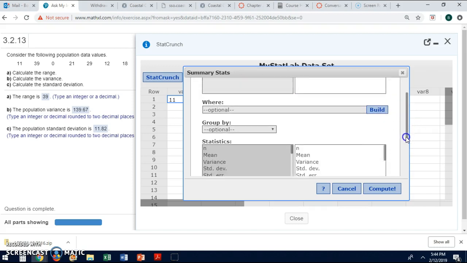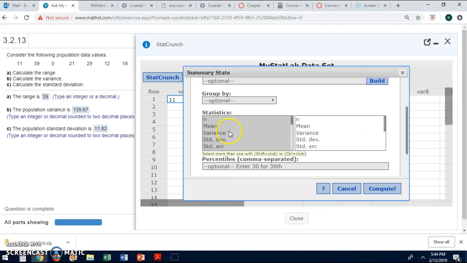But then when you get down to Statistics, the formula is a little bit different. Instead of dividing by n minus 1 as in the sample, we're going to just divide by n. So your number will be a little bit different when you're calculating the population. We'll calculate those just to see.